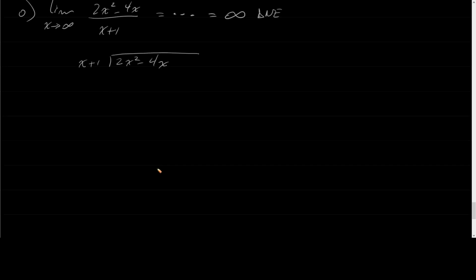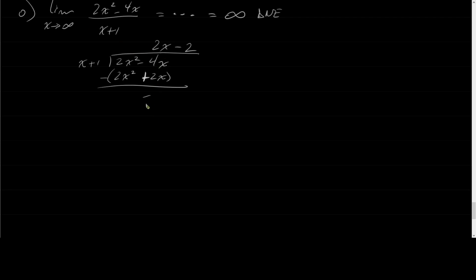All right. Now in here, if we do this division, well, x goes into 2x squared 2x times, so we get 2x squared plus 2x. Subtract: 2x squared minus 2x squared goes away, negative 4x minus 2x is negative 6x. Sorry, I made a mistake there. 2x times 1 is positive 2x, making this a negative 6x.